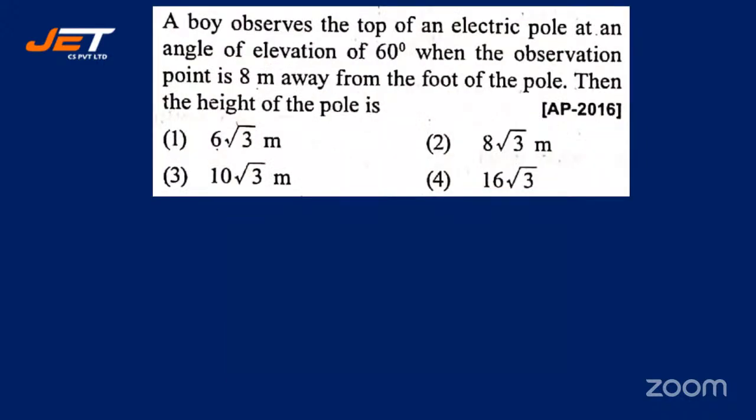A boy observes the top of an electric pole at an angle of elevation of 60 degrees. When the observation point is 8 meters away from the foot of the pole, then what is the height of the pole? Okay, so since you're asking me time, I'm giving you time. So you can quickly work it out and let me know.